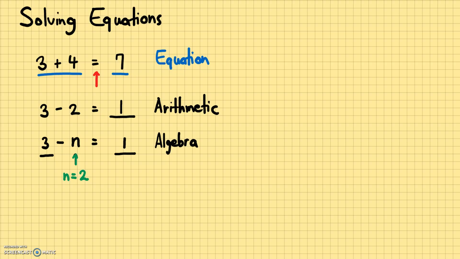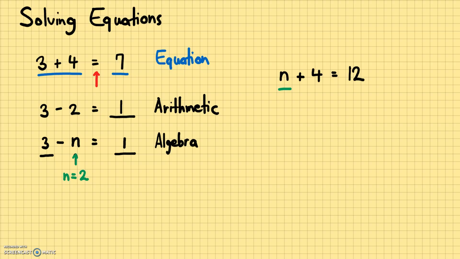Okay, well, is there a better way or a more structured way of finding what n is? So for example, let's say we have n plus 4 equals 12. What does n equal?